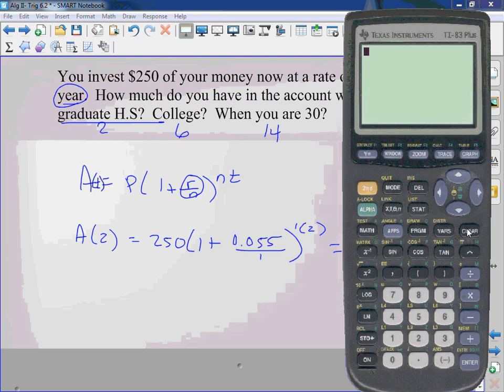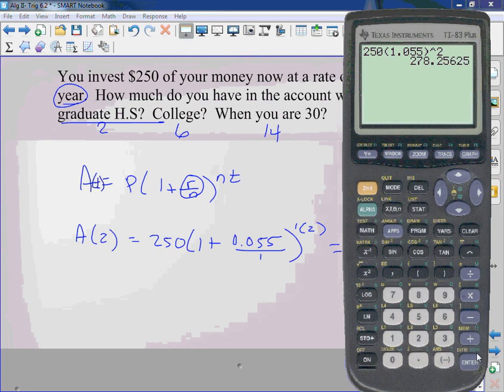T is your time. So 250, 1.055. You could do 1, but you're going to get a different answer from us. I just put 1.055 because it's 1 plus that to the second power, because 1 times 2.